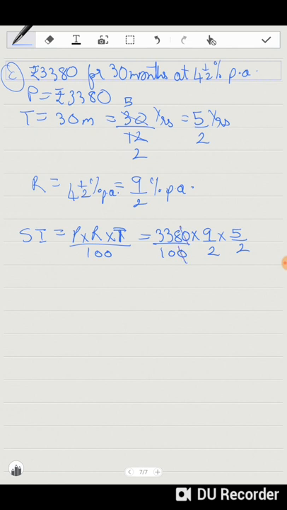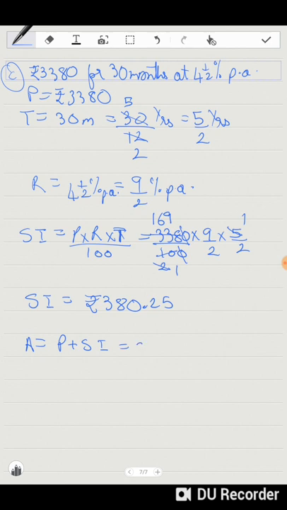So here the zeros cut, 5 1s are 5, 5 2s are 10, 2 1s are 2, 2 169s are 338, and hence my simple interest works out to be rupees 380.25, and hence my amount, principal plus simple interest, works out to be 3380.00 plus 380.25.